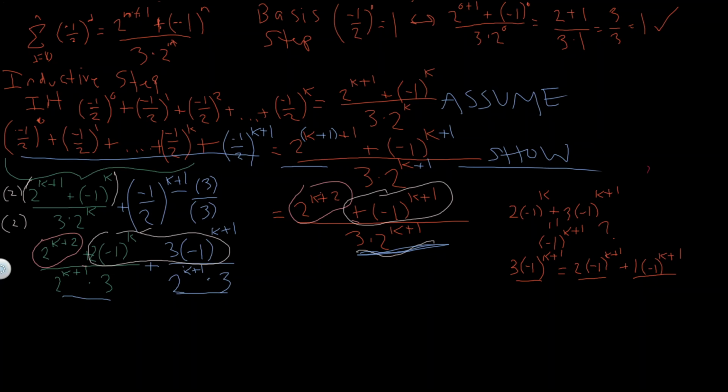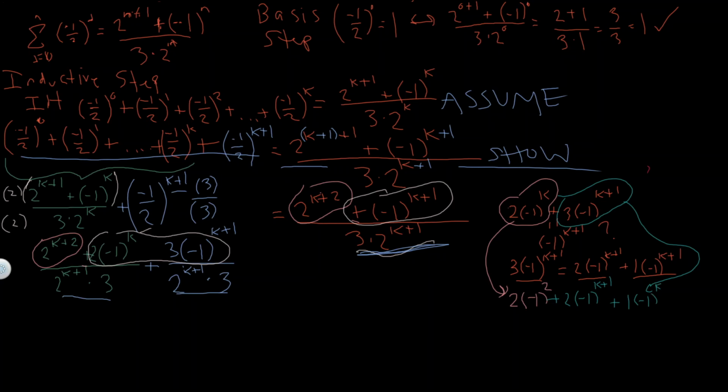I'm going to rewrite this portion here as 2 times negative 1 to the k, and then I'm going to rewrite this next portion here by saying plus 2 times negative 1 to the k plus 1 plus 1 times negative 1 to the k plus 1.